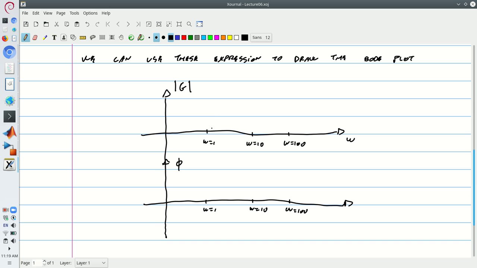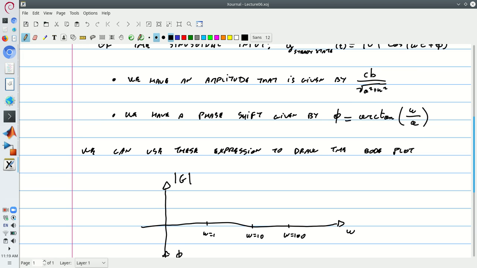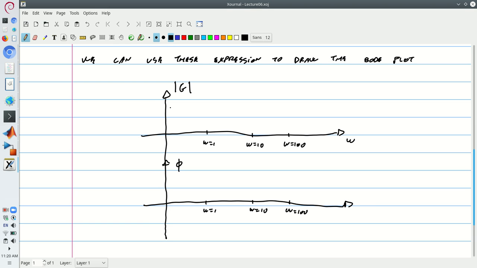We are going simply to plot for different values of omega what the amplitude is going to be. We can do this just using these expressions, but I just want to draw you what this is going to look like qualitatively. So it's going to be something of this kind, depending on the specific values that you have for omega, A, B, C. But you have that this tends to follow this kind of behavior, at least in logarithmic scale.